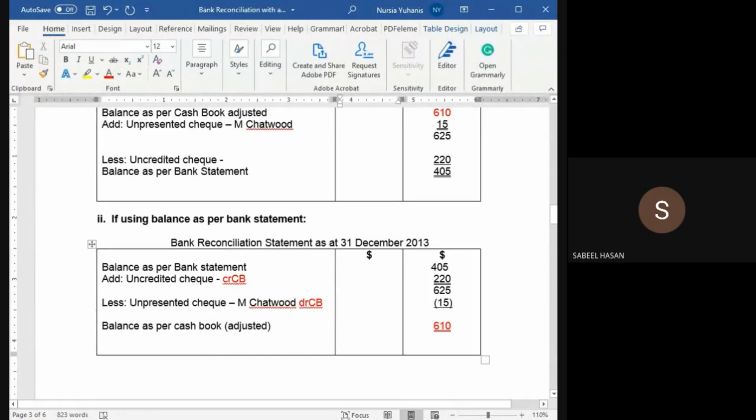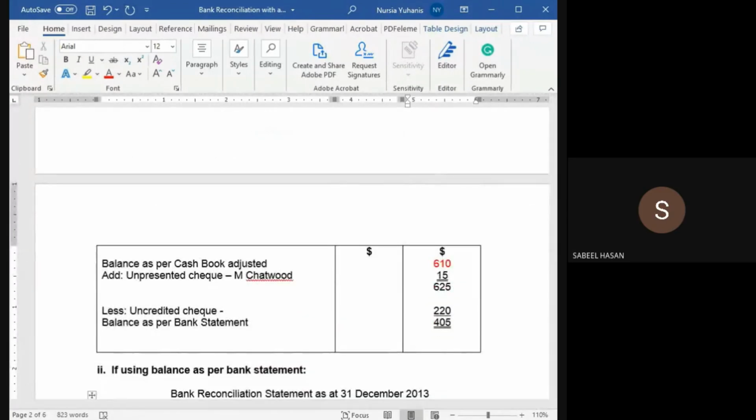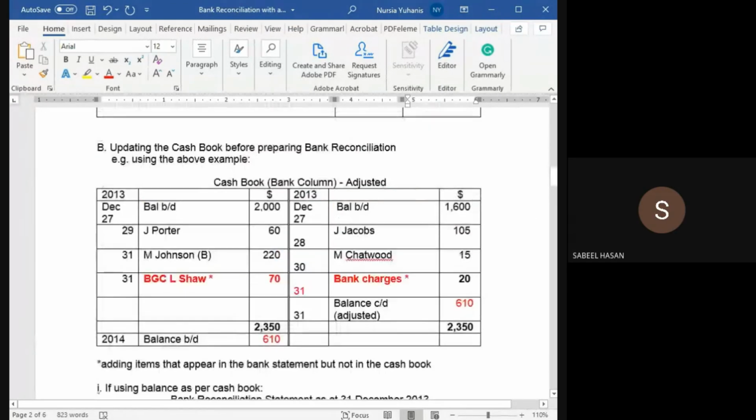So 405 plus 220 equals 625 minus 15. So you will get 610. And this 610 must tally with your adjusted cash book. It should tally with which one? Here. This is your adjusted cash book. 610.